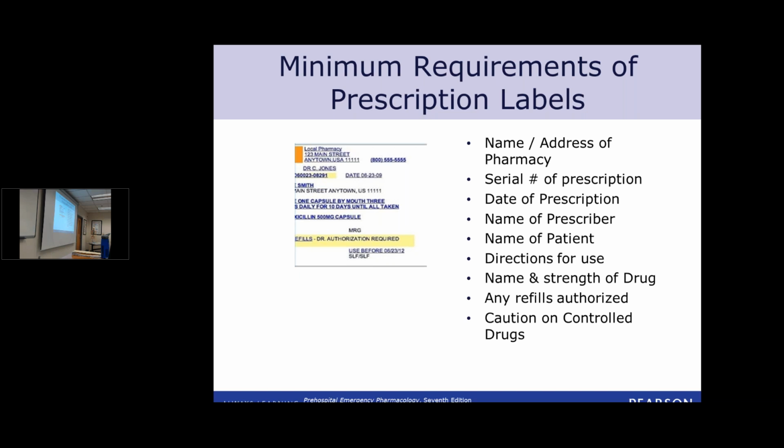You don't need to remember all of these, but the FDA, with all their acts along the way, came out and said there's a minimum of things that need to be on each one of the labels. So when you go into somebody's house and you look for information about it, it should have these as a minimum for each one of those prescriptions.